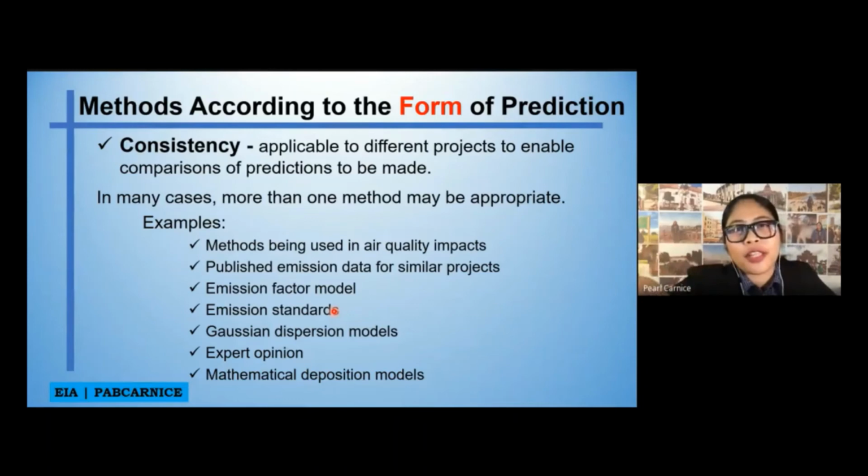You just have to be consistent as to what kind of method you used when you did your baseline study, so that we can easily compare the results, or compare whether there is an adverse impact of your study or none.